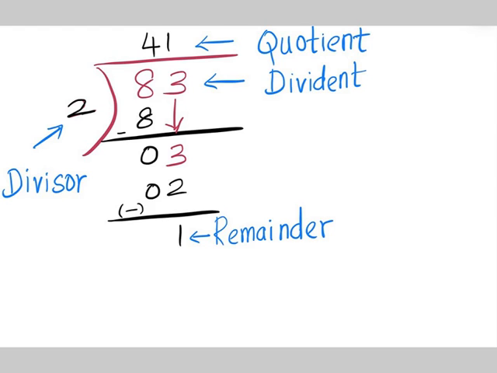In this division problem, if you see, 83 is the dividend and 2 is the divisor, 41 is the result, and that is the quotient, and the remainder is 1.